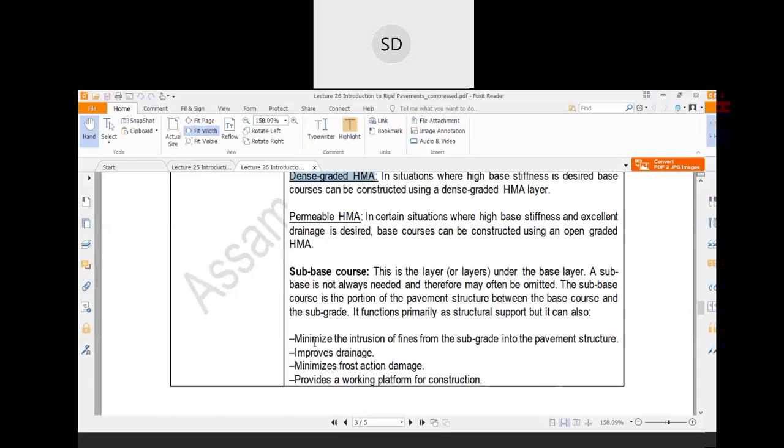Now subbase course, this is the layer under the base layer. Now a subbase is not always needed, so it is often omitted. So you can use a subbase layer if you feel that it is necessary for the condition prevailing over the site.